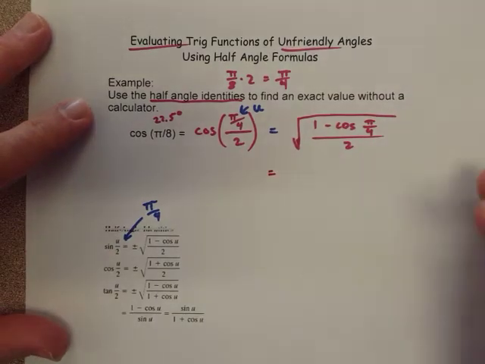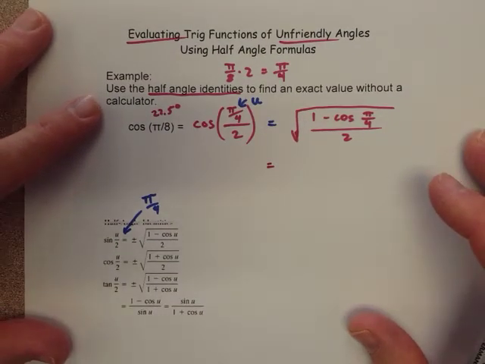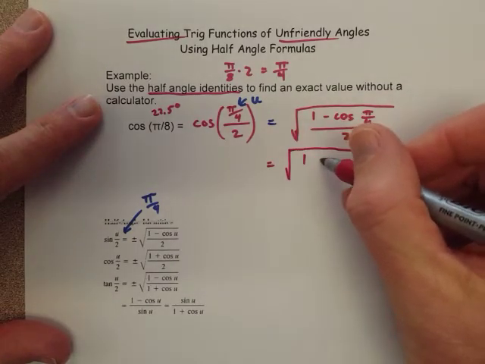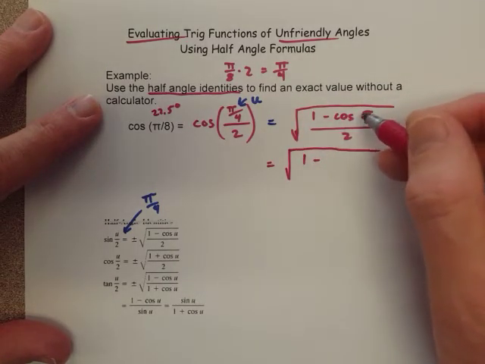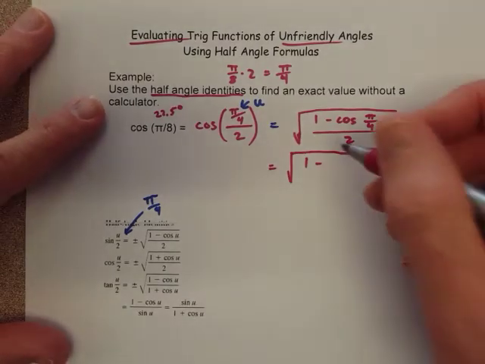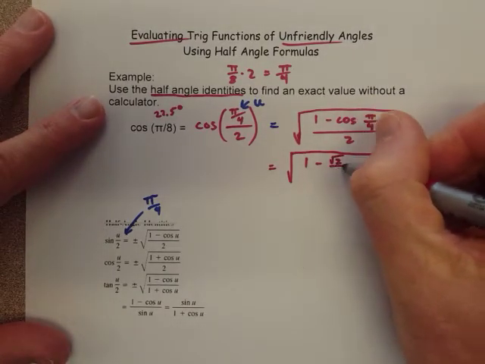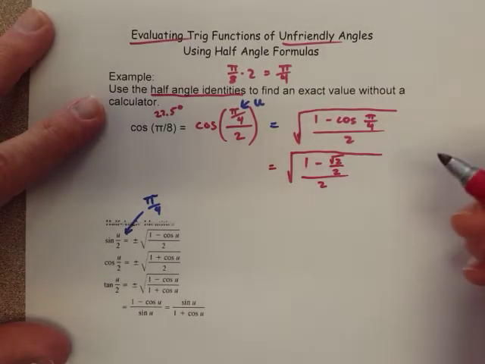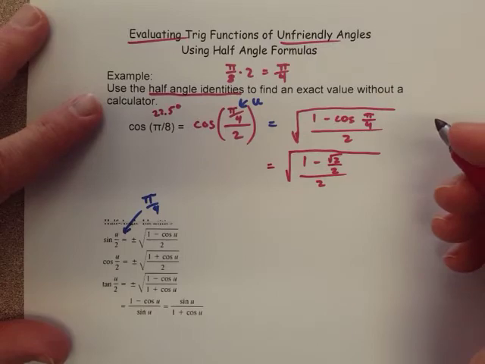The next step would be just to start simplifying what we have here. We've got square root of 1 minus cosine of pi over 4. If we use a 45, 45, 90 triangle, we'd find that cosine of pi over 4 is square root of 2 over 2. Now we're going to simplify a little bit more.